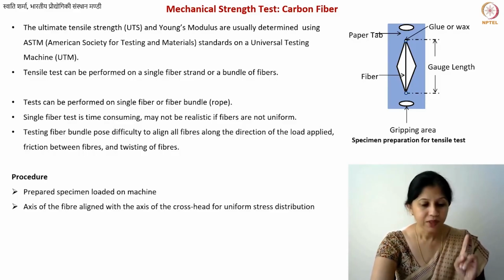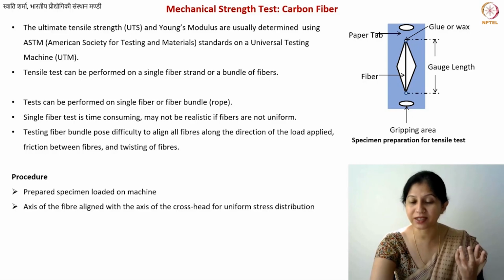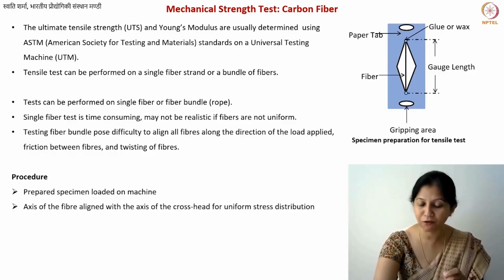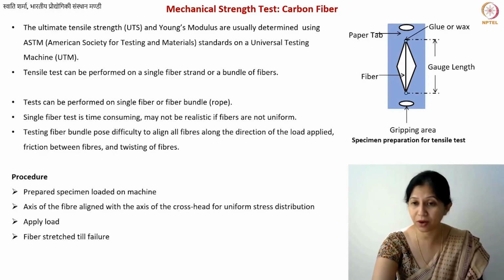Again, these are certain operating conditions of the machine, and I'm not going into the details; every machine may have a different set of operations, how you align it, and what kind of crosshead you have, and so on. But what you basically need to do is align your fibers with the axis of your instrument. Then you apply the load till your fiber breaks. So apply load till fracture.